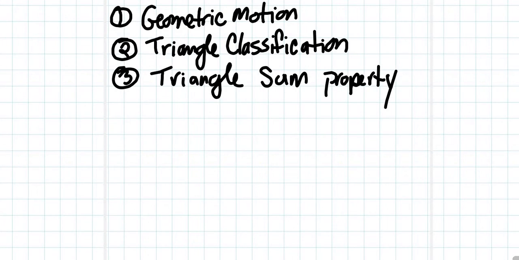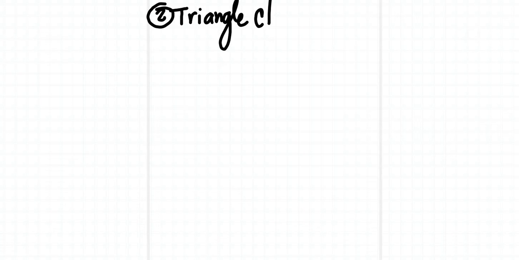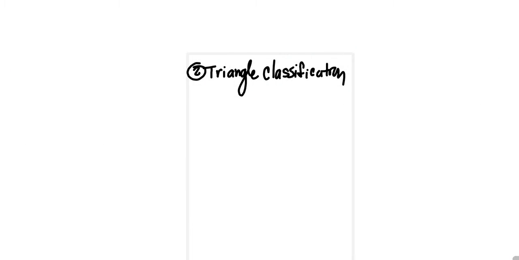Okay, so I told you there'd be 3 things that we talk about. That first one was geometric motion. Number 2, we're going to talk about triangle classification. Okay, triangle classification.